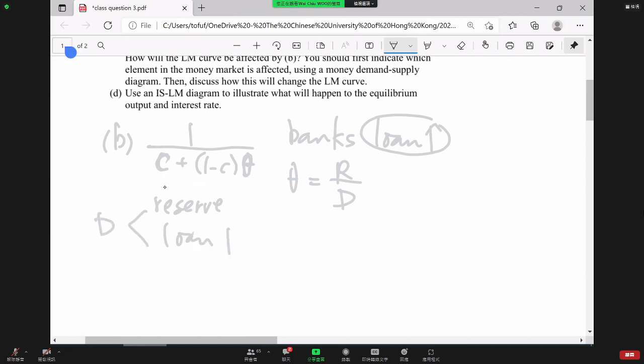If they want to make more loans, they will hold fewer reserves. So that effect could then be naturally interpreted as the reserve ratio being reduced. If the reserve ratio is reduced, of course, the multiplier will increase. And that is the answer for B.